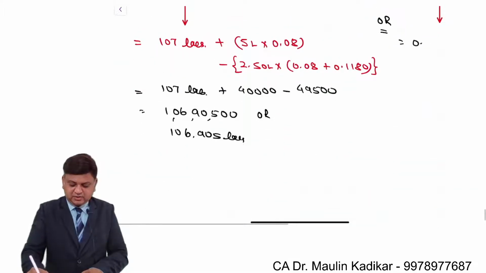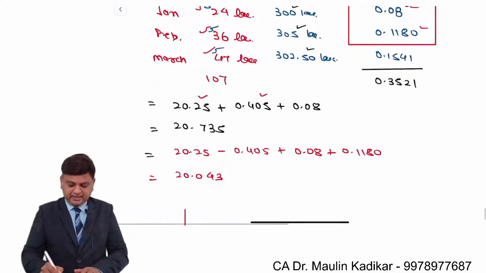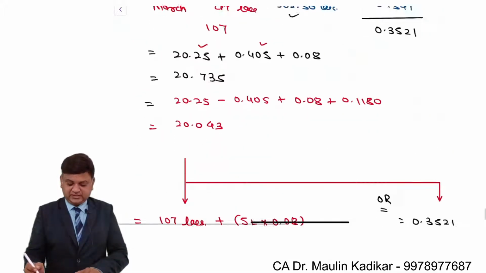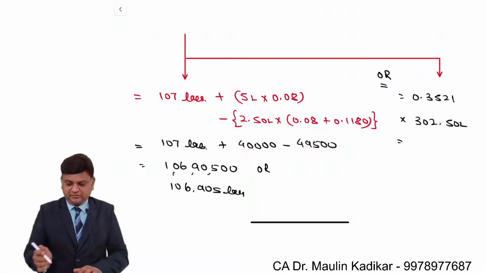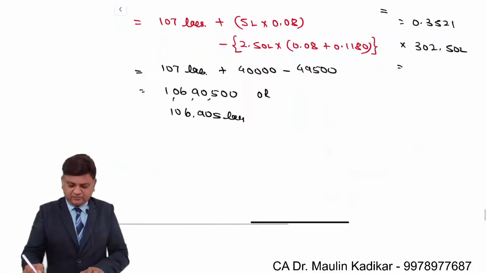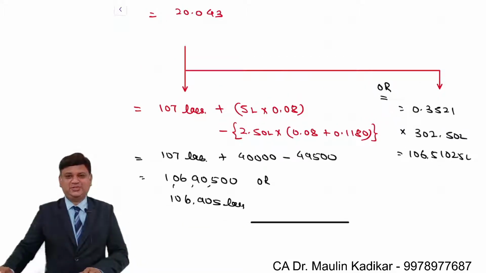So 35.21 paise multiplied by 302.5 lakhs. Use a calculator: 3521 into 302.5, and the product of both of them is 106.51025 lakhs. That is also the way we can make the calculation.